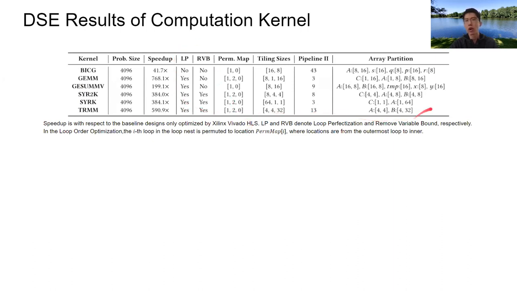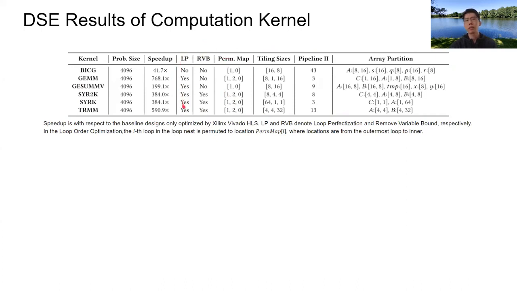And here we also listed all the optimization parameters picked by the DSE engine. Here, LP is loop perfectization, and RVB is remove variable bound. And the permutation map indicates the order of the loops after the permutation.